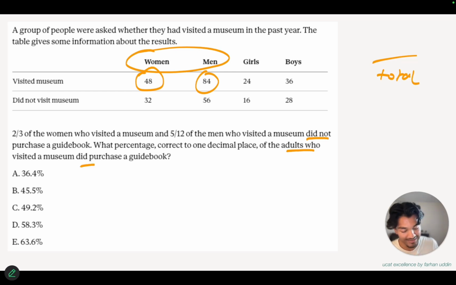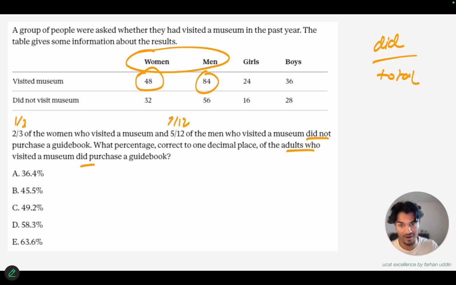So we're getting the numbers here of the people that did not purchase the guidebook, and we're aiming to figure out what percentage did. So what I'm going to do here, just to make my life easier, is actually change this to 1/3 and change this to 7/12, just so we save ourselves 1 or 2 calculations and get to the answer quicker. So let's do that.